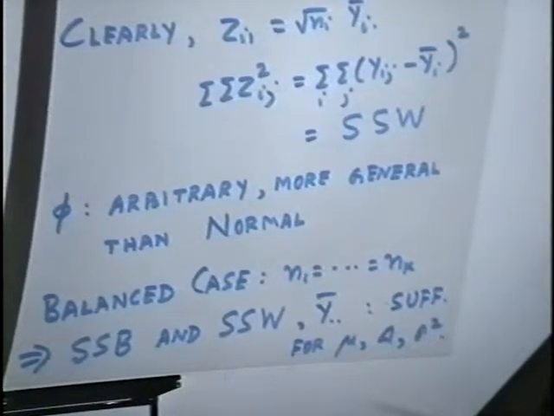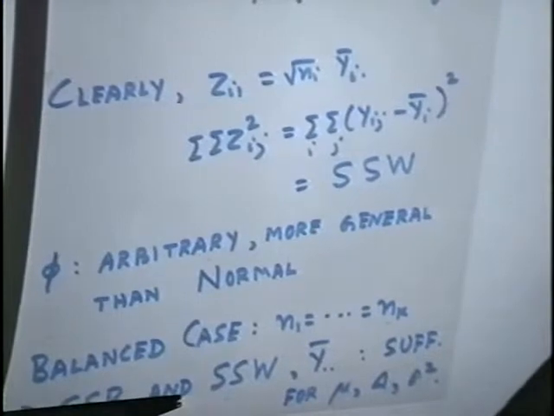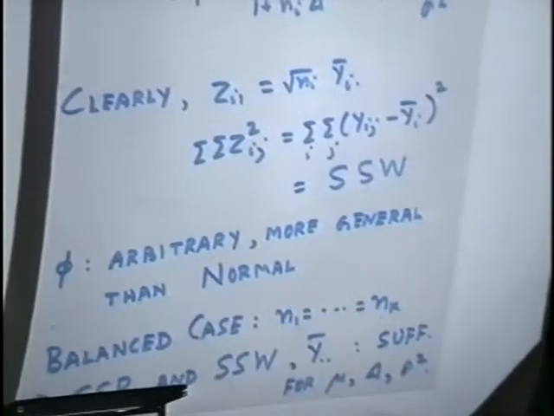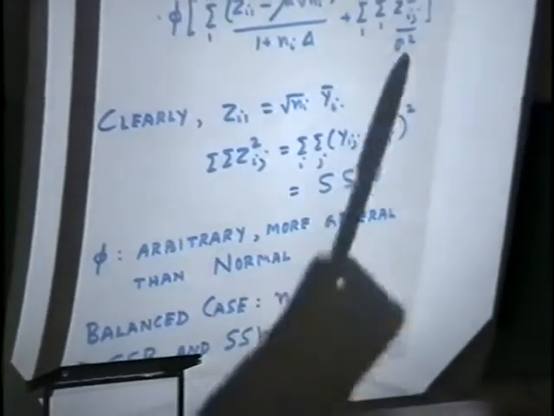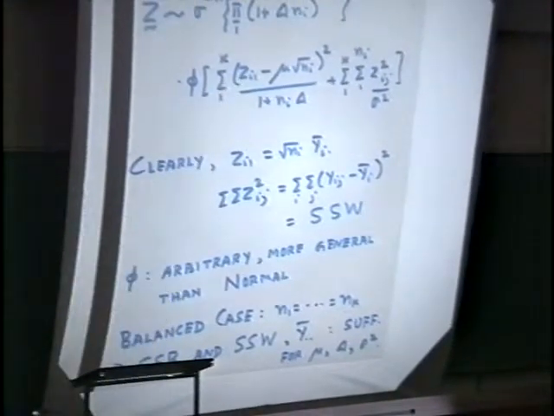In the unbalanced case, however, since all the n_i's are unequal, you have more than three sufficient statistics, like this sum of squares and each z_i1 that remains there. So you have a whole bunch of sufficient statistics for the three parameters, and of course now it is the incomplete situation.